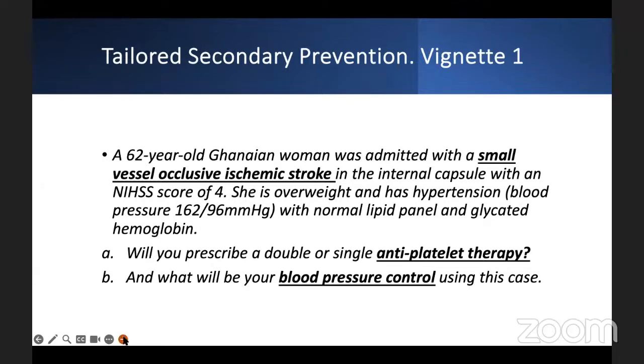Yvonne says dual. Okay, and then what will be your blood pressure target? Okay, Abna says single. What will be your blood pressure control target in these patients? Where do you want the blood pressure to get to as you manage these patients? Less than 130/80. Very good. Okay, great.